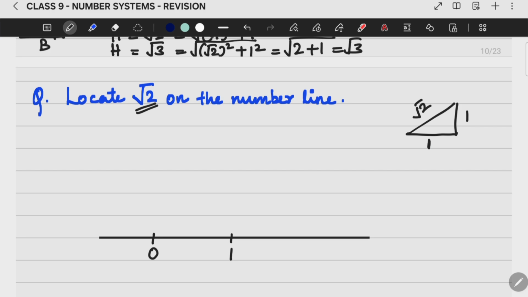Only then you will have h equal to square root of 1 square plus 1 square, which is square root of 1 plus 1, that is 2. So just mark 0, 1 and 2 like this.